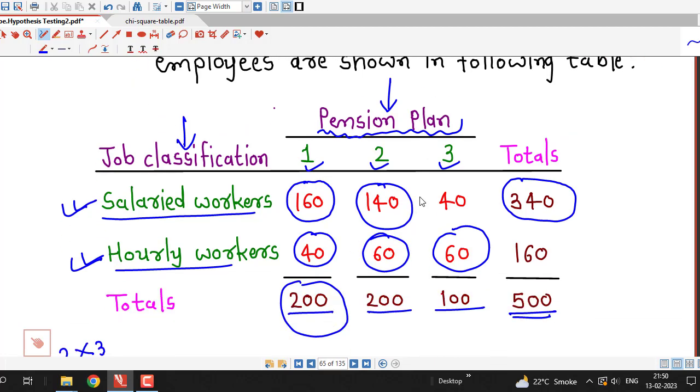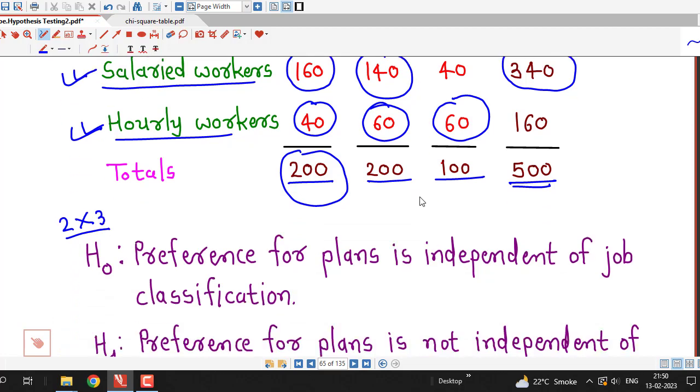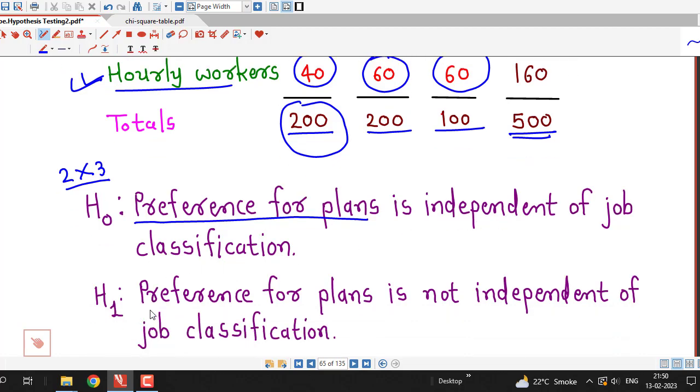Now, using this sample data, we have to test the null hypothesis that preference for plans is independent of job classification, and the alternative hypothesis, which we can denote by H1 or H suffix A, is that preference for plans is not independent of job classification.